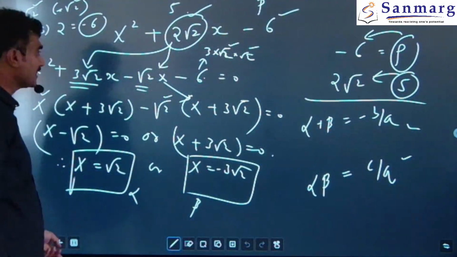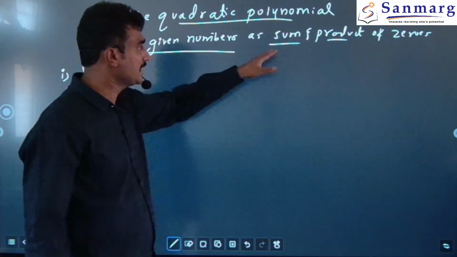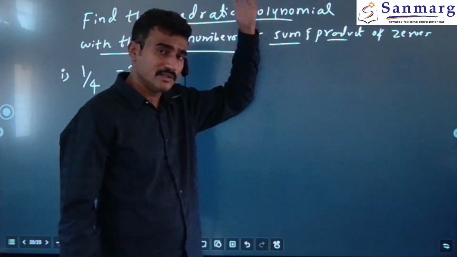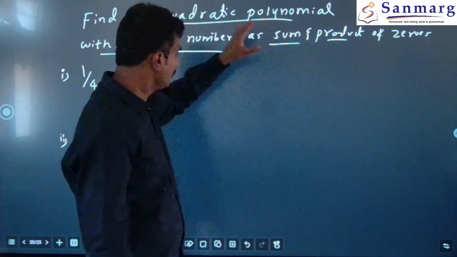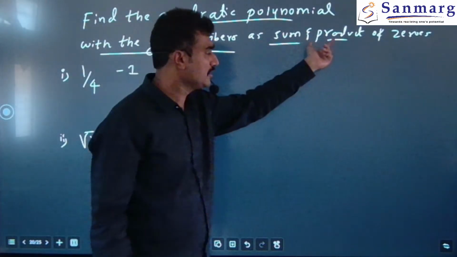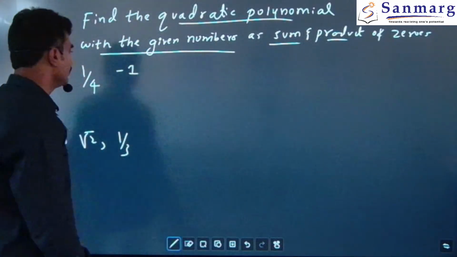But in these next set of questions, we have to form the quadratic polynomial and they will be giving the sum and product of the zeros. We have to find the quadratic polynomial.